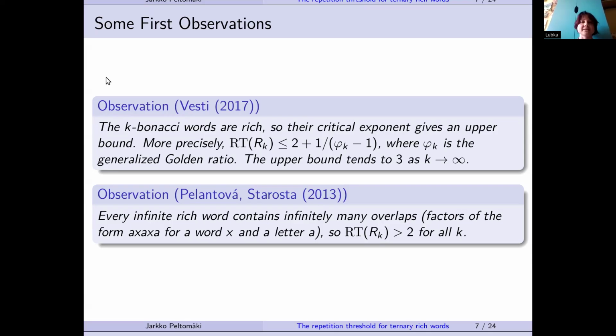So just to fix this, you can check that, of course, if you don't believe it, because it's quite natural that the minimal critical exponent is reached for the Fibonacci word, but it was necessary to prove this. Okay. Thanks for pointing this out. I didn't really know that. Yeah, I think that almost nobody knows, and I was also surprised when I checked the results then.